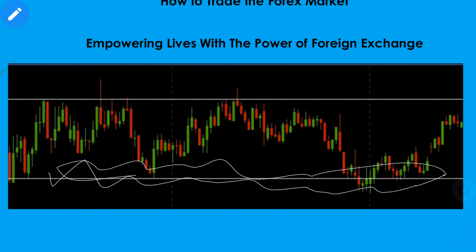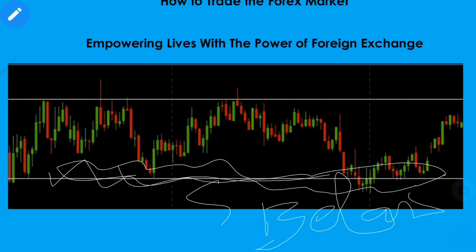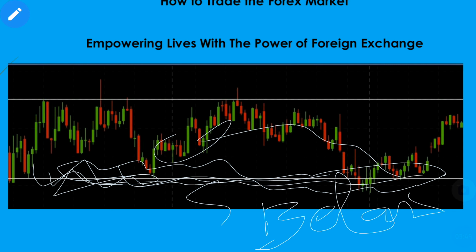This line is what we call support, and you can all see that this line is below price action. Yes, price action is also price movements. It's still the same. So price action, price movement. You get used to all these words when you are really into trading. There are words that you get to know. That is all we're going to be talking about today.